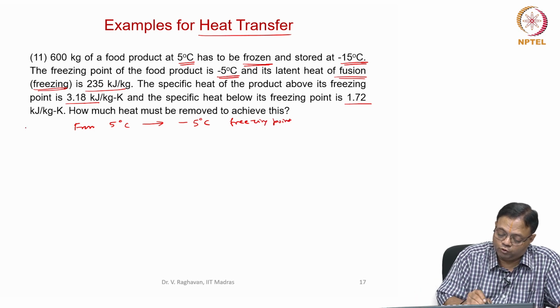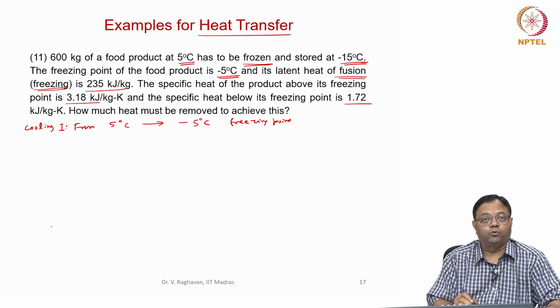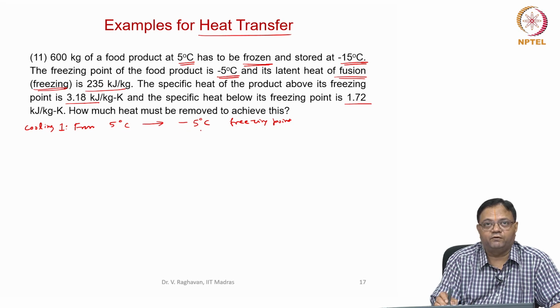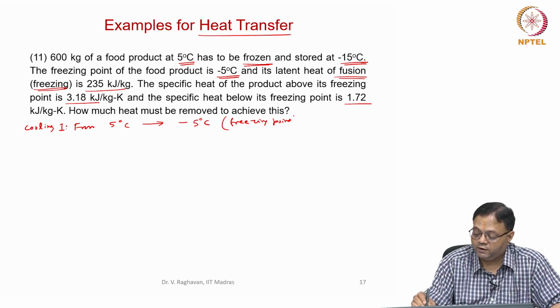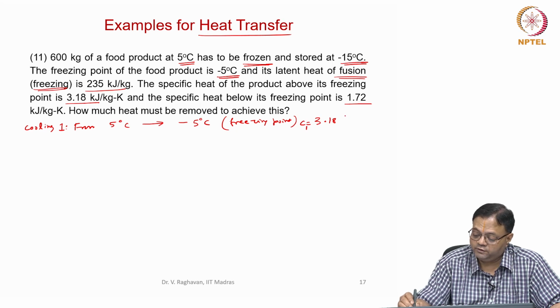Okay, cool. So, I will say cooling cycle 1, in which I cool sensibly when temperature is above the freezing point. So, 5 degrees centigrade to minus 5 degrees centigrade, until the freezing point is attained. Now, this is sensible. So, I have to use C1 equal to 3.18 kilojoule per kg Kelvin.